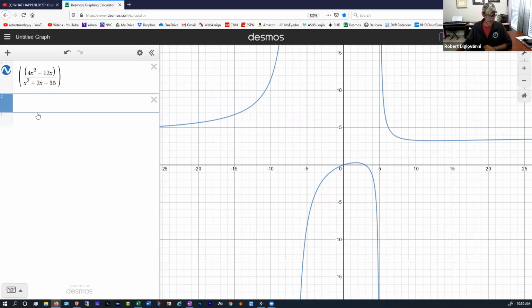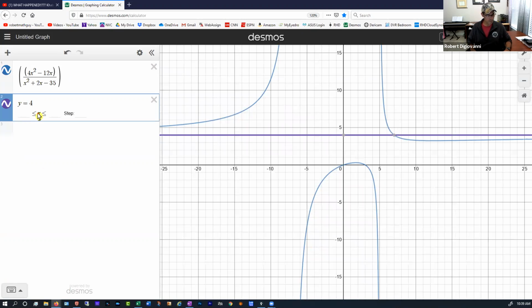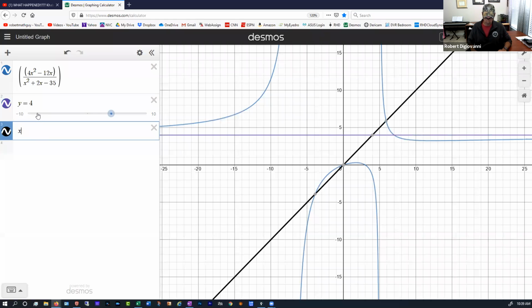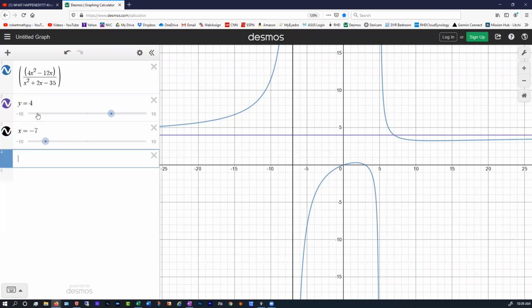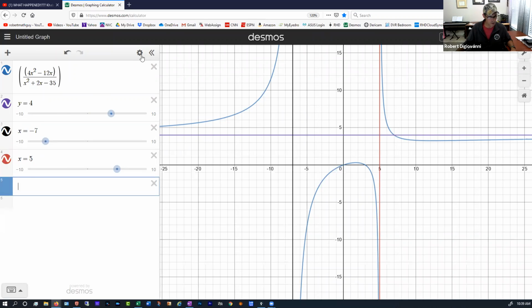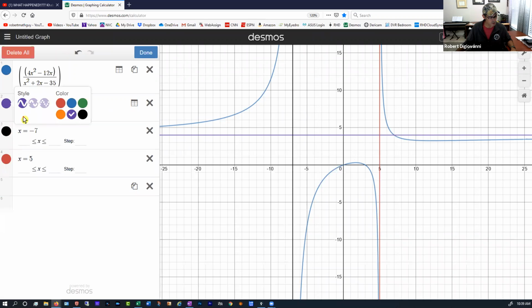Let me graph something here. Let's graph y equals 4. Let's graph x equals, what were our verticals? They were -7 and 5. Okay, so let me just change something here. I want to change this to dotted, make it real dotted.